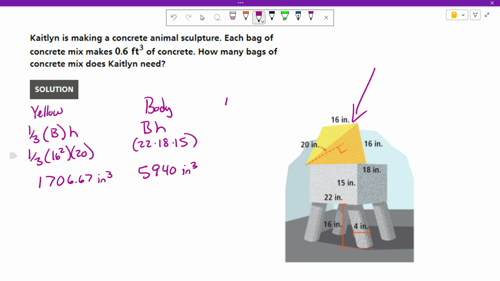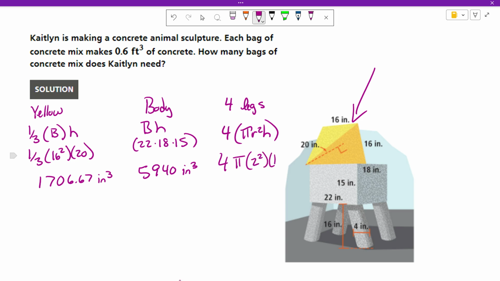And then we have 4 legs. So it's 4 times pi r squared h, because they're all cylinders. And by Cavalieri's principle, just because they're slanted, they'd be the same as if they were straight up and down. So it's 4, because there's 4 legs, times pi times the radius of each, 2 squared.